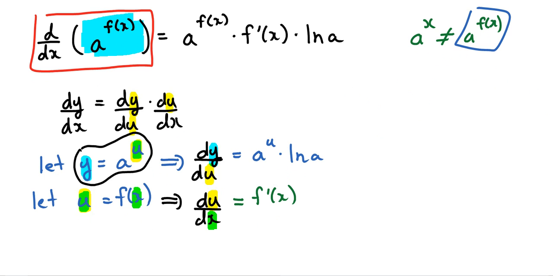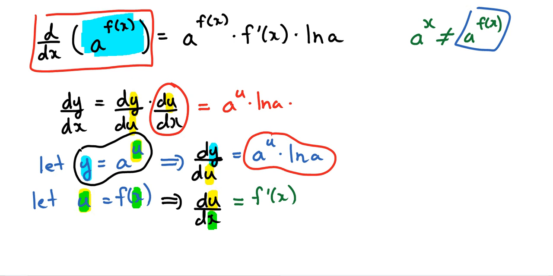If I insert these into my chain rule, I get a to the u times ln a times du by dx, which is f prime of x.